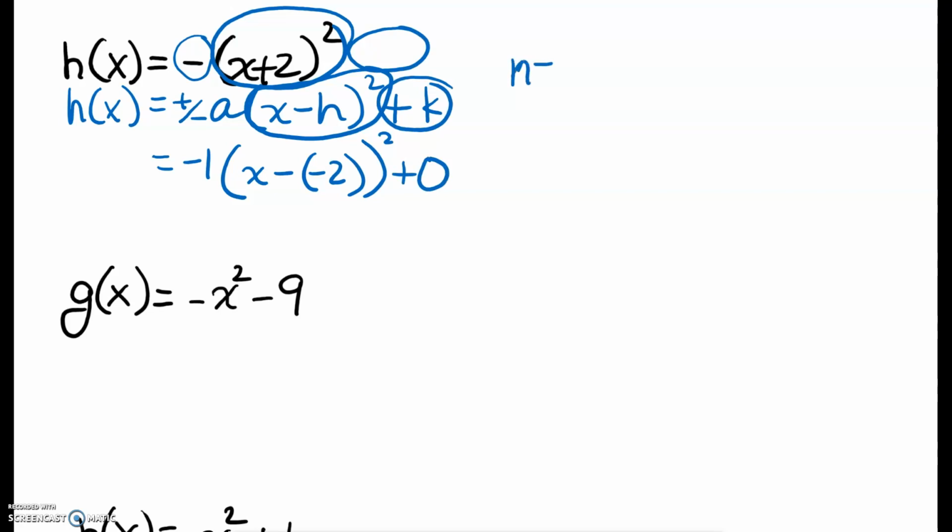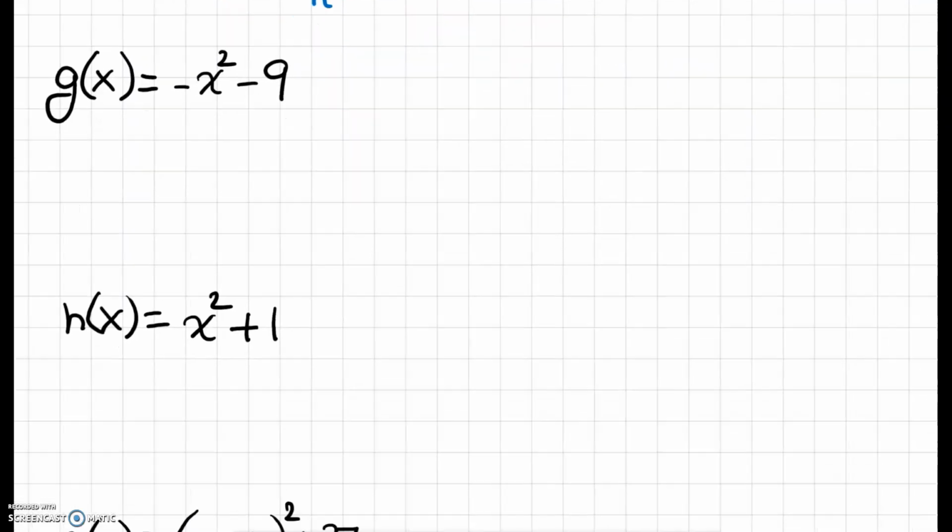So h equals negative 2, right? This is h right here. k equals 0. So my axis of symmetry has an equation of x equals h, or x equals negative 2.